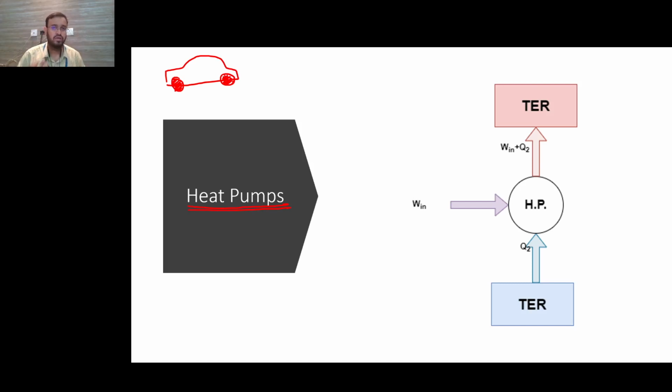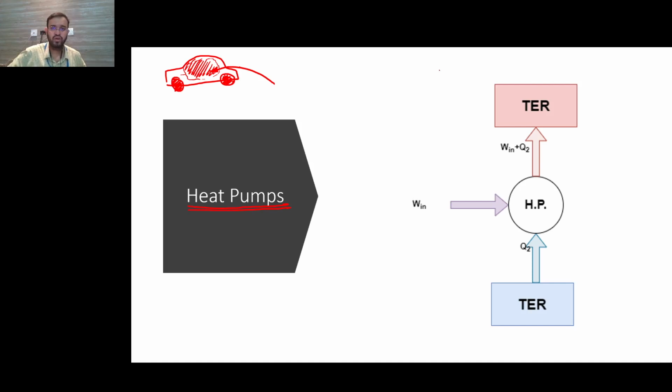What you would normally do is use an electrical heater, which is used to heat up the cabin space. All right. However, if you use a heat pump, it's going to take in heat from the surroundings while consuming work, and it's going to maintain this enclosed space at a higher temperature than that of the surroundings.